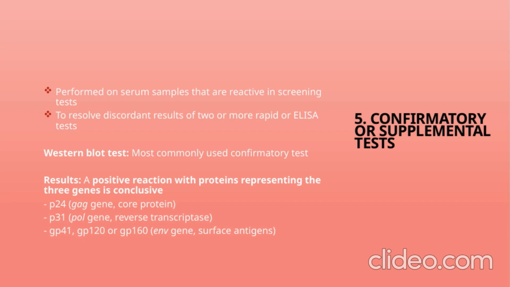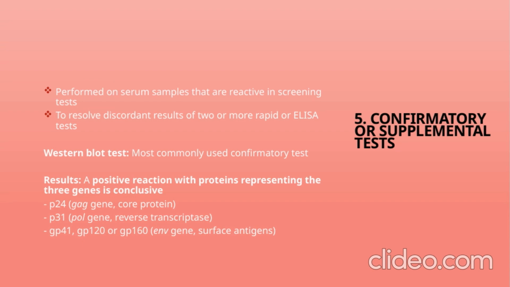The key point here is that a positive reaction involving proteins from the three main genes, namely P24 from the GAG gene, which is the core protein, P31 from the Pol gene, which is reverse transcriptase, and GP41, GP120, or GP160 from the ENV gene, representing surface antigens, is considered conclusive.